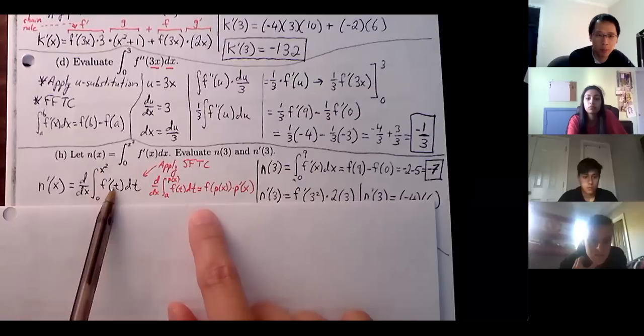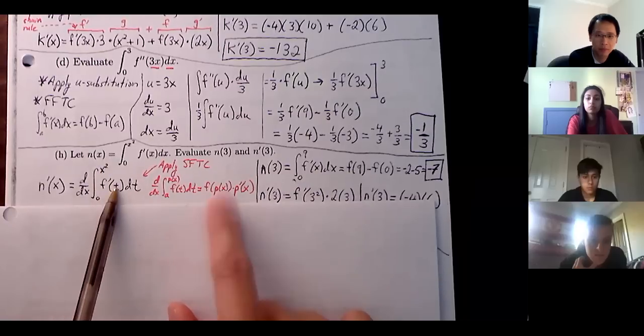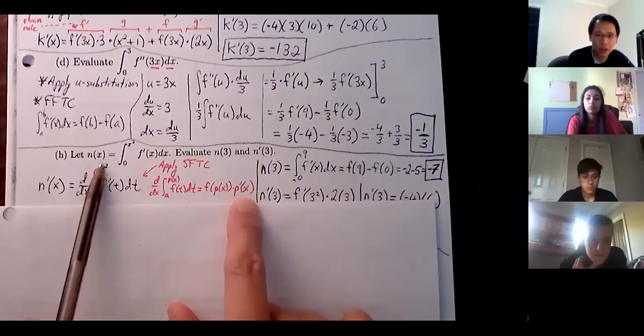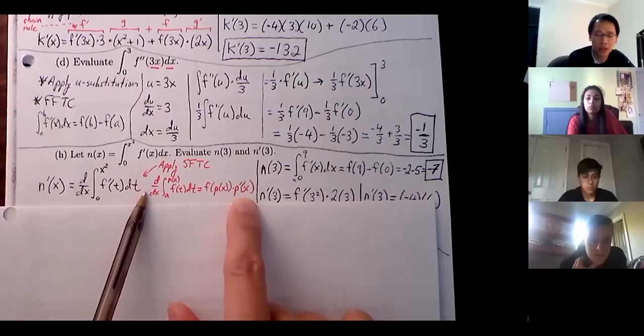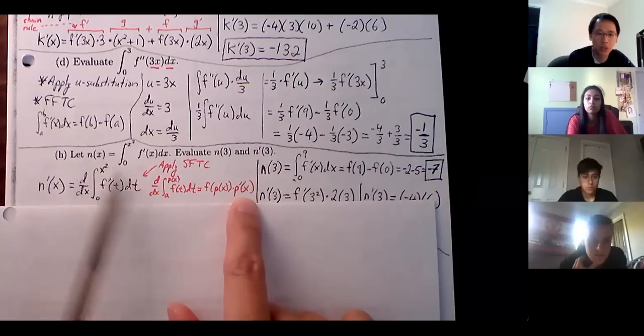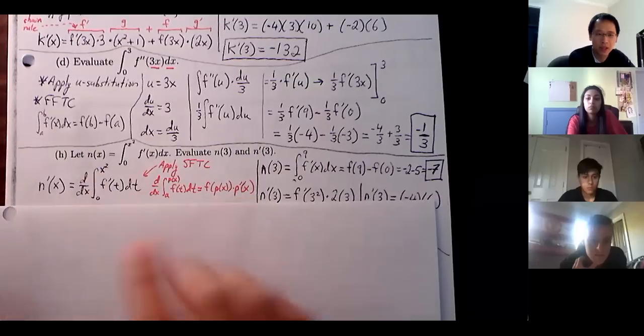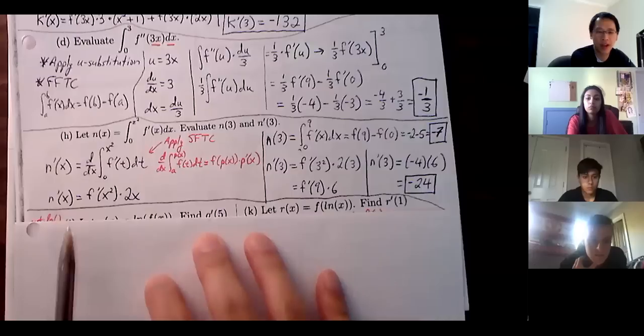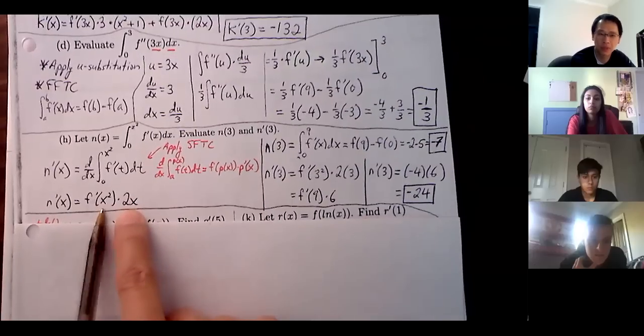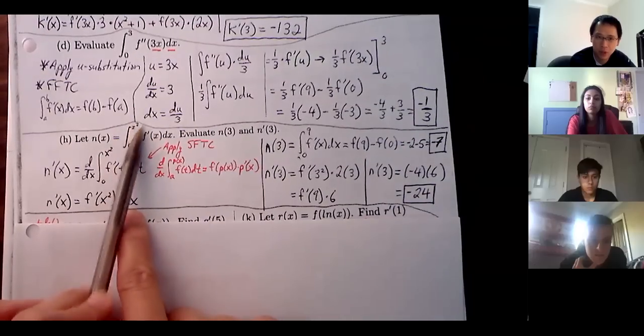We have to plug the upper bound into that variable, and then we have to multiply it by the upper bound's derivative. If it's just an x, there's no noticeable difference, it's just times 1. But this is more than an x, so the derivative of x squared is 2x. So we have to keep track of the fact that there's a little bit more with this derivative than previous because there's an x squared sitting here.